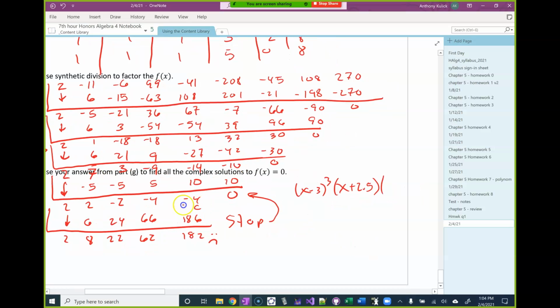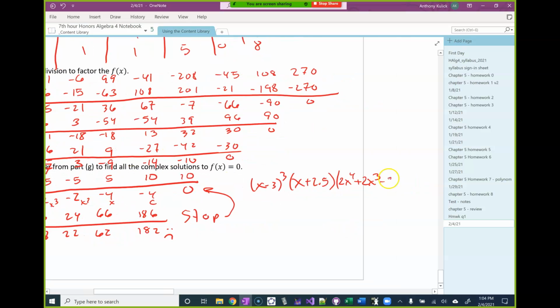Whenever you do a synthetic division with a decimal like that, you should end up with a greatest common factor. And I'm going to go ahead and do that with the 2, just to get rid of the decimal.